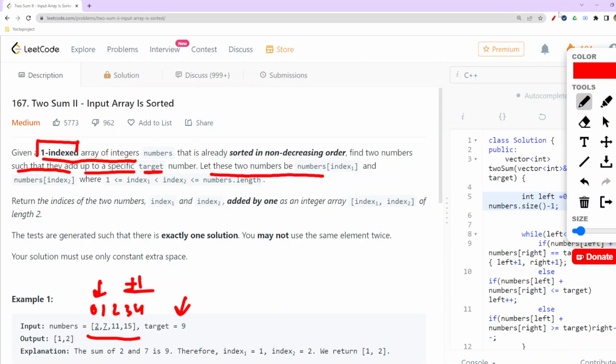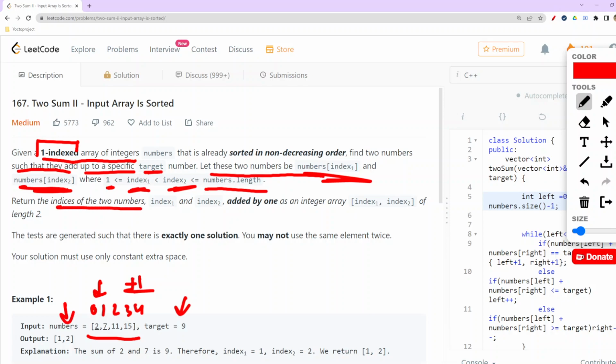Let these two numbers be numbers[index1] and numbers[index2], where 1 basically, because they are saying that it is starting from index 1, right? So that's why index1 is greater than or equal to 1, and index2 should be greater than index1, and less than or equal to the length of numbers, this particular array which is there.